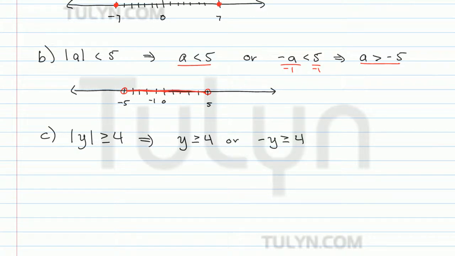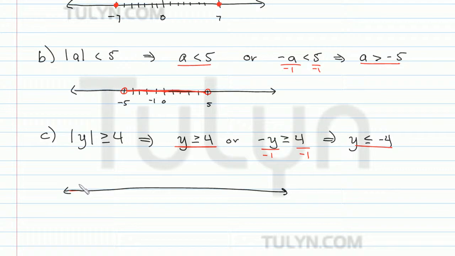And on the right side, again, what we want to do is divide by negative 1, which switches the sign. So we have y is less than or equal to negative 4. So in this case, we have y is greater than or equal to 4, or y is less than or equal to negative 4. So drawing our real number line again, put the 0 in the middle.